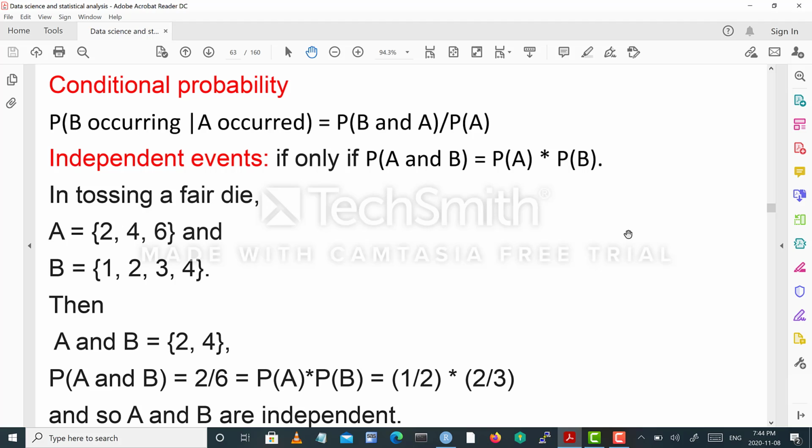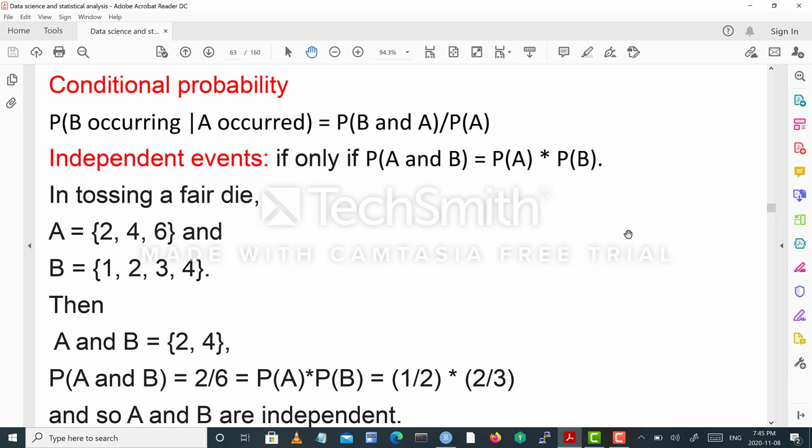In tossing a fair die, for example, if we have A equal to {2, 4, 6}, and B is equal to {1, 2, 3, 4}, then A and B is equal to {2, 4}. So P(A and B) is equal to 2 divided by 6.